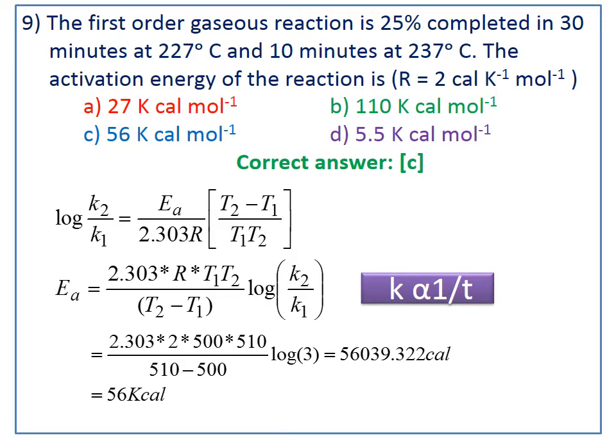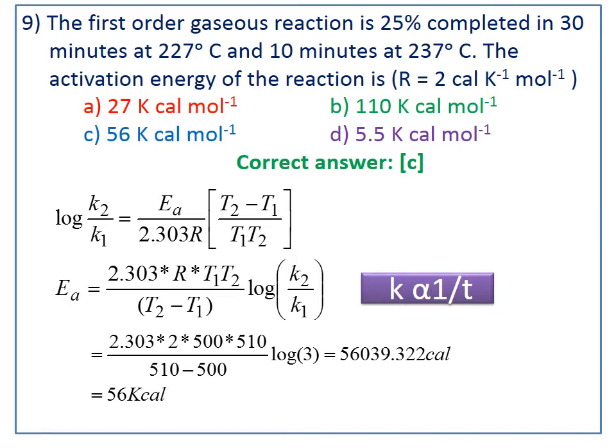Now, a first order gaseous reaction is 20% completed in 30 minutes at 227 degrees C and in 10 minutes at 237 degrees C. The activation energy of the reaction, considering R equal to 2 calories per Kelvin per mole, is? Here the correct answer is C, that is 56 kilocalories per mole.